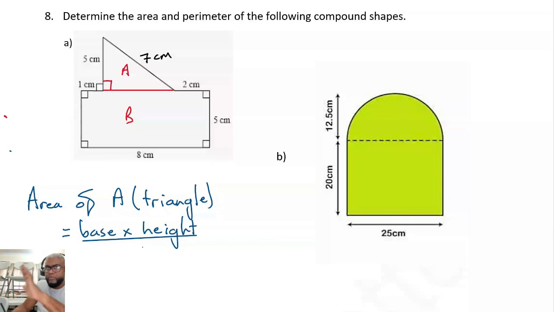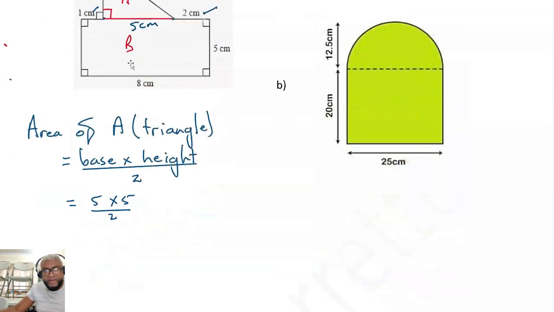And what do I get for this red line at the base here? 5 centimeters. How do we get that? It's 8 minus this 2 and this 1, and you get the piece in the middle. So this will be equal to 5 multiplied by 5 divided by 2, which will give me what?